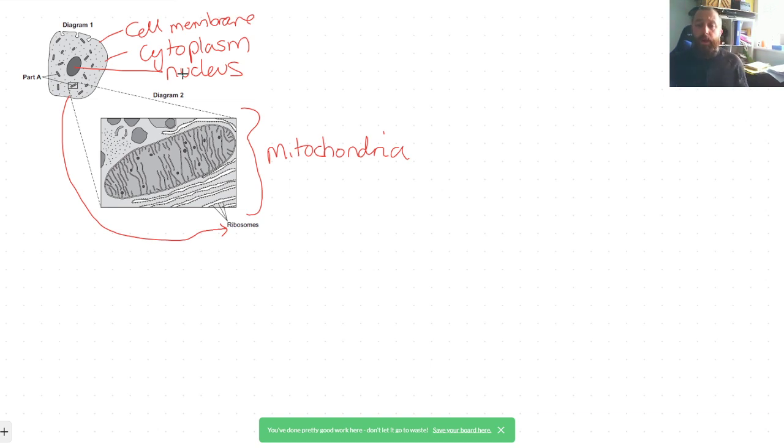So the nucleus, hopefully we know, contains the DNA. So the DNA is the genetic information, deoxyribonucleic acid, and it's the information that tells the body how to make all of the different proteins that make us up. The mitochondria, most importantly, because this comes up a lot, is the site of respiration.